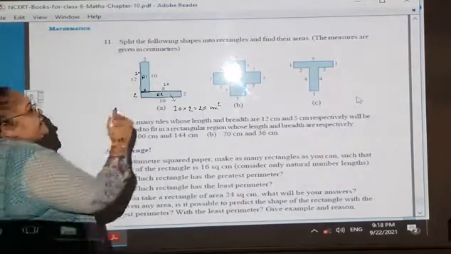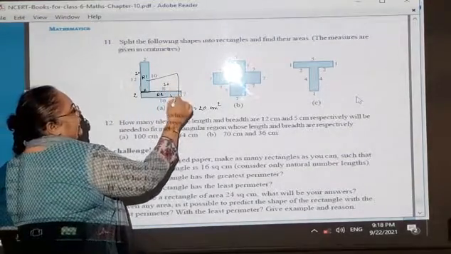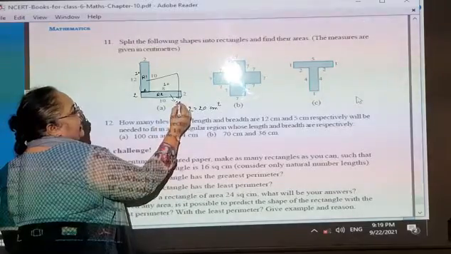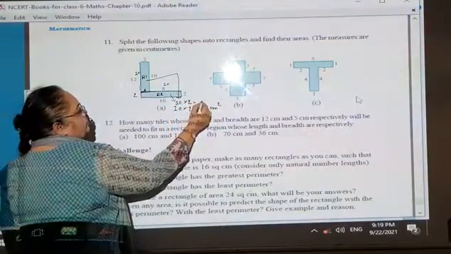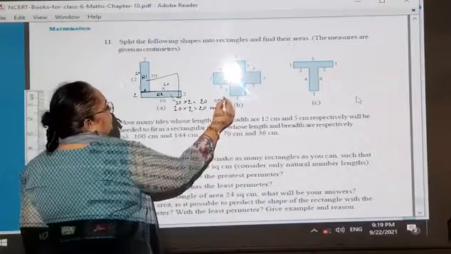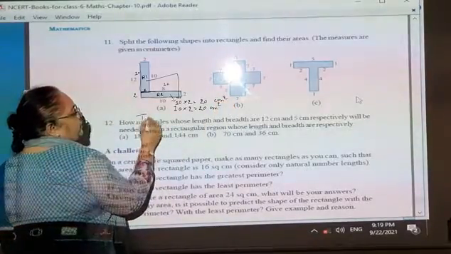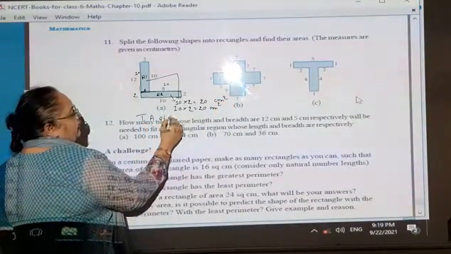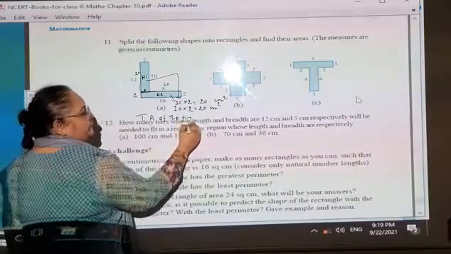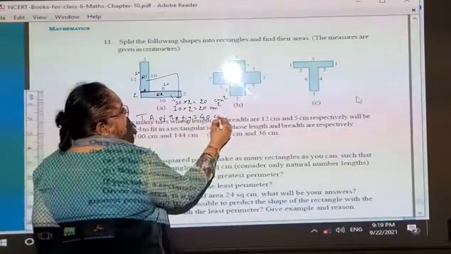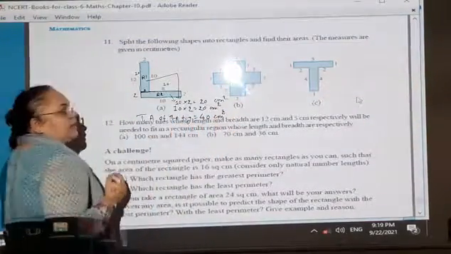So the measurement of rectangle number 2 will also come the same: 10 multiplied by 2 is 20 centimeter square. So the total area of the figure is equal to 40 centimeter square. Clear?